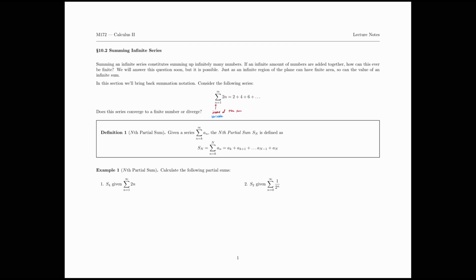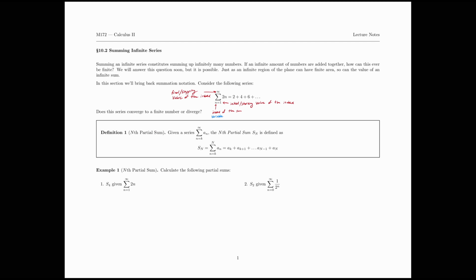It gives the initial value, or starting value, of the index. And then up here, this infinity tells us the final or stopping value. And then this right here is the actual expression. It's the rule of the sum.